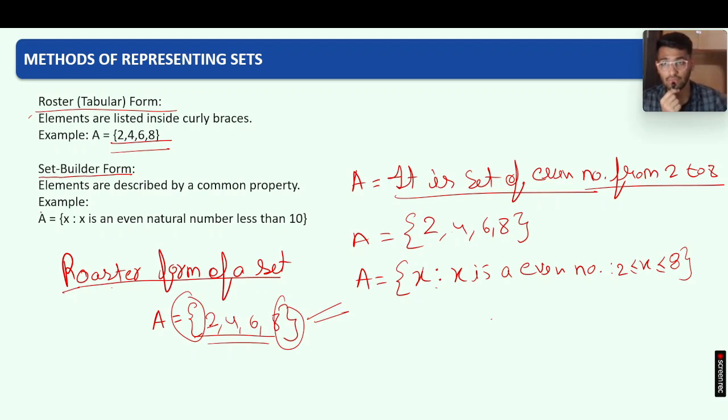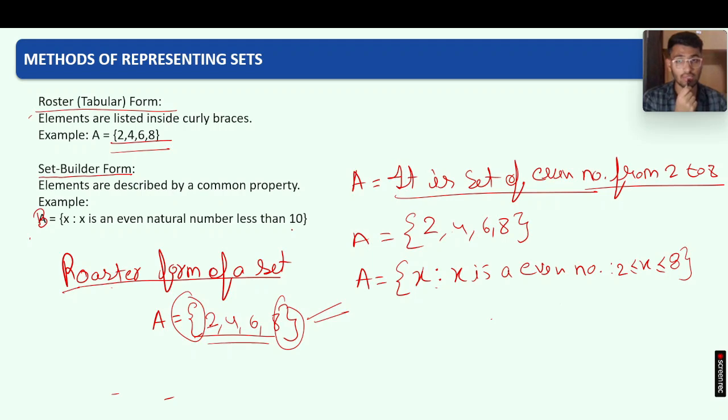Okay, X is an even natural number less than 10. We can denote this as B, because it would be the same. If you want to write it in roster form, what are the elements? X is an even natural number, so these are natural numbers less than 10.